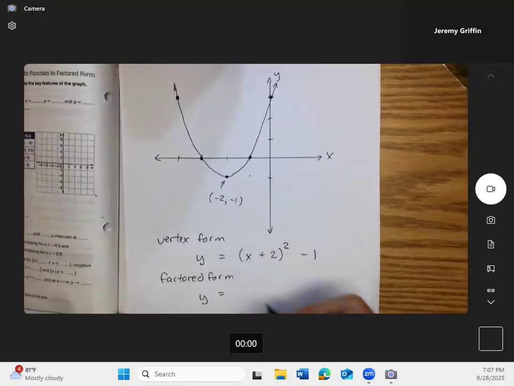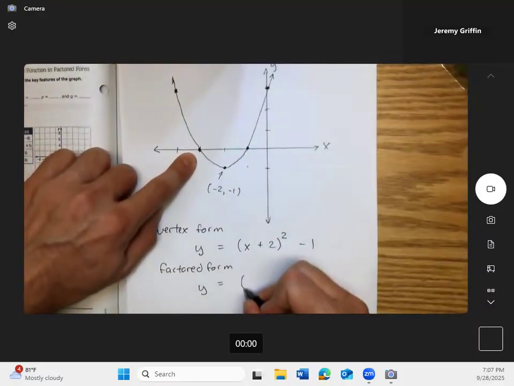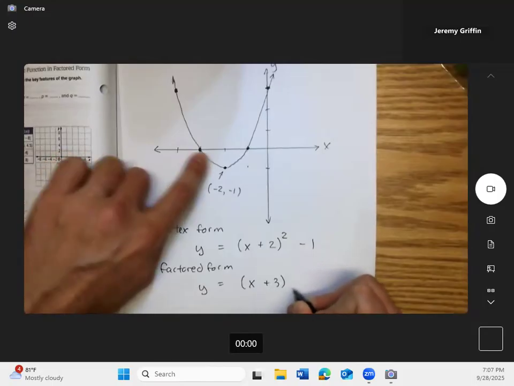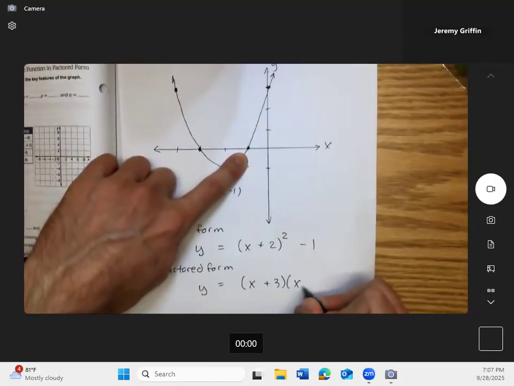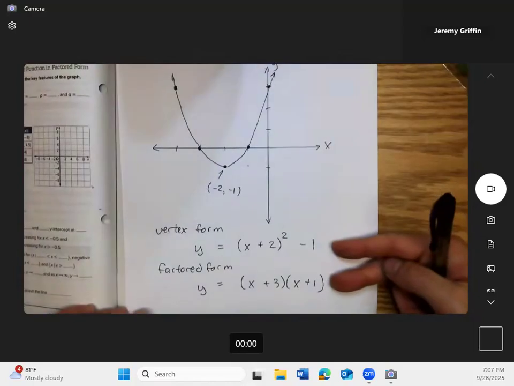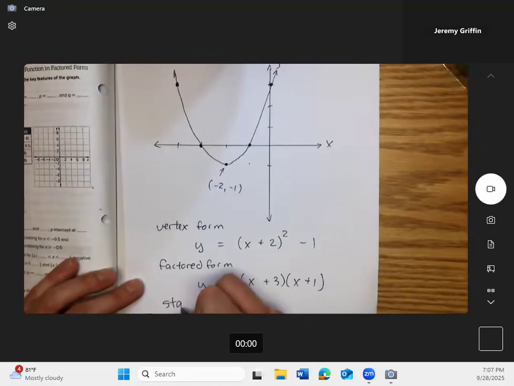So y equals, and then play off these two x-intercepts. So it'd be, what was this, -3? So x minus -3 is x plus 3, and then this one's x minus -1, so that's x plus 1. So you could do that. This and this, again, they're the exact same equation. They both refer to this graph, right? And what would this look like in standard form?